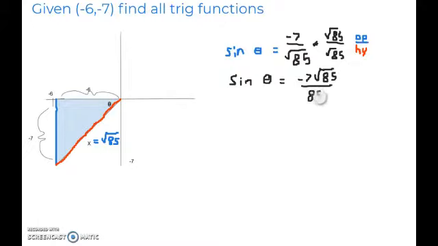And then cosecant, the reciprocal of that, you switch the opposite and the hypotenuse, and when you do it, use the original, not the new one. So it would be the square root of 85 over negative 7.